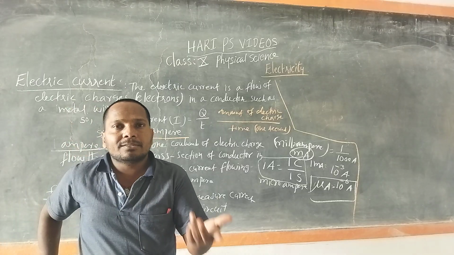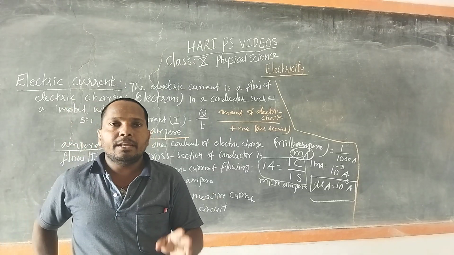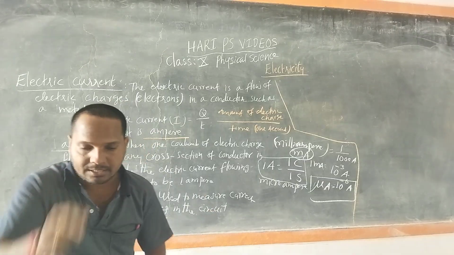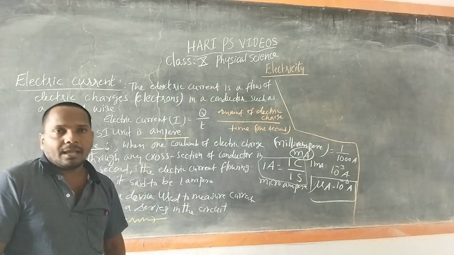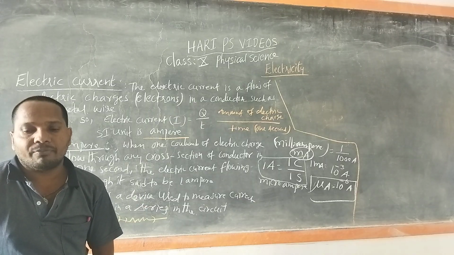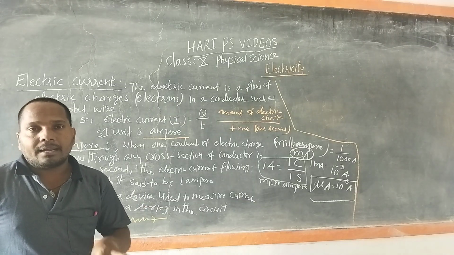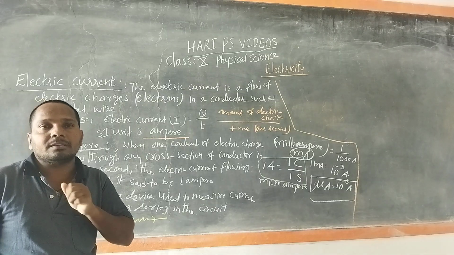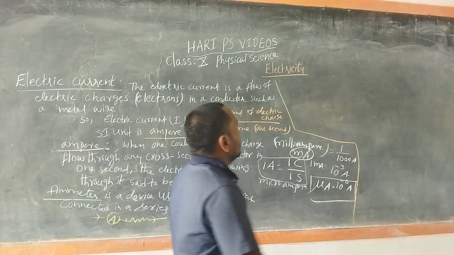So the simplest way to maintain a potential difference between the two ends of a conductor, to get a continuous flow of current, is to connect the conductor between the terminals of a cell or battery.